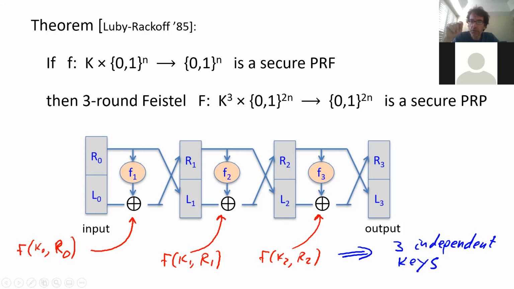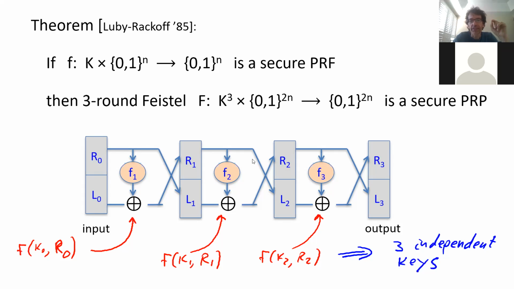But if you want this to be a strong PRP, then again, there will be an attack. Being able to go both forward and backward, the adversary can detect that he's not talking to a random permutation and its inverse. He's talking to 3 rounds of Feistel and its inverse.